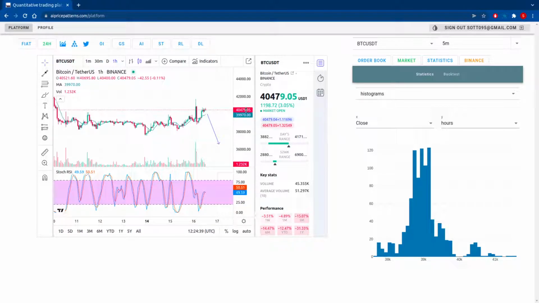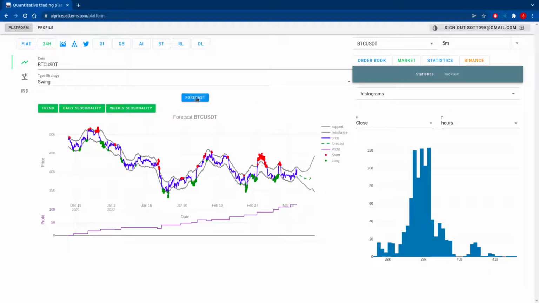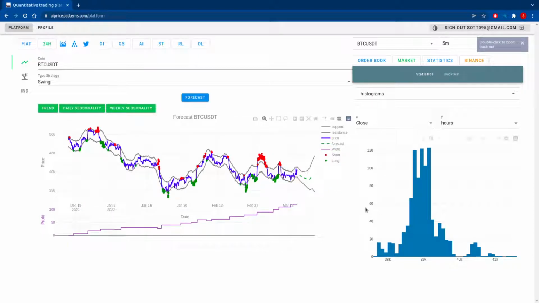Let's look at another instrument to understand whether it's true or not. I like to run these artificial intelligence models to understand some resistance and support levels. It takes some time to analyze. Okay, these are very nice charts.